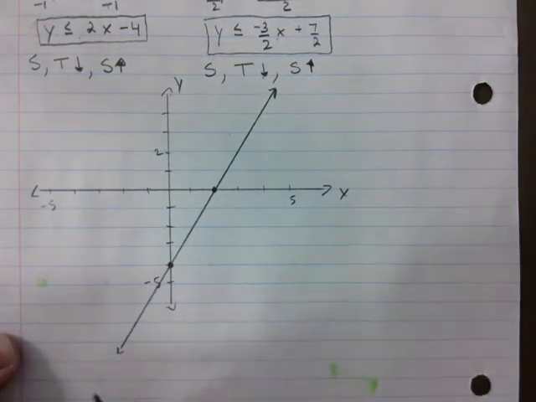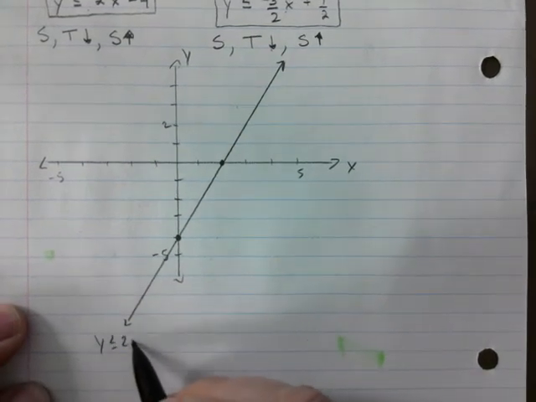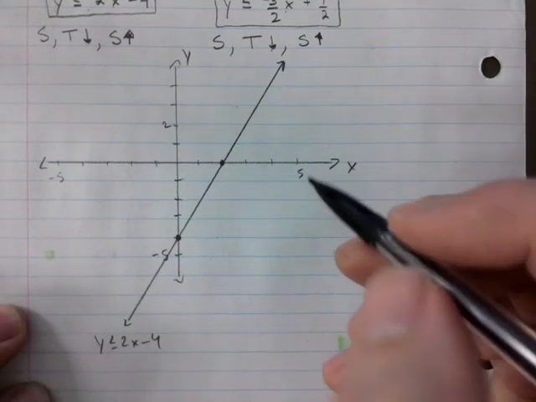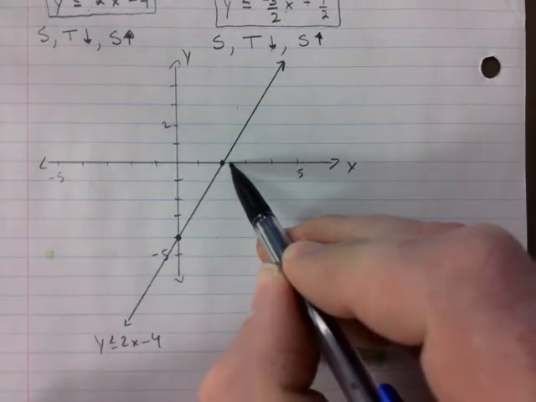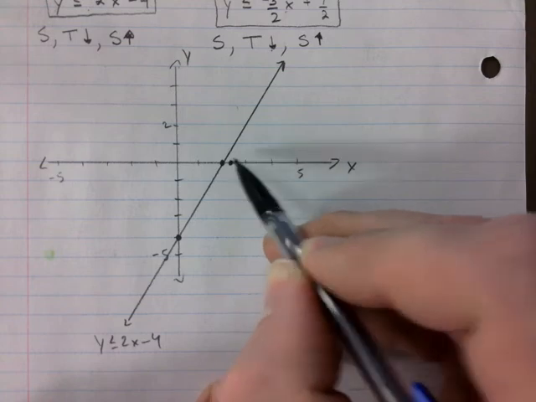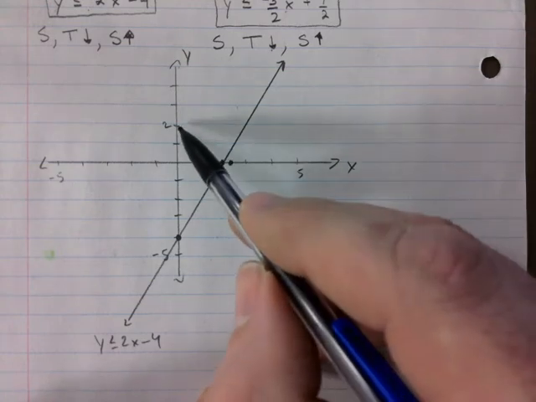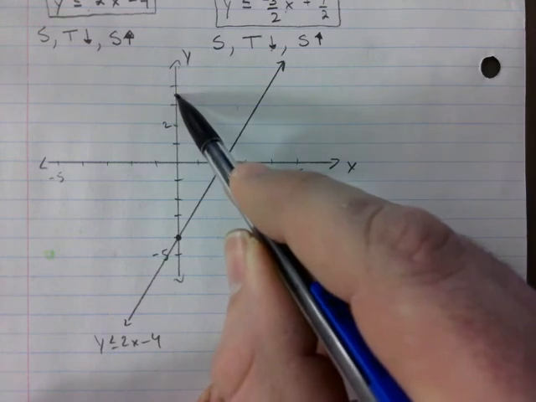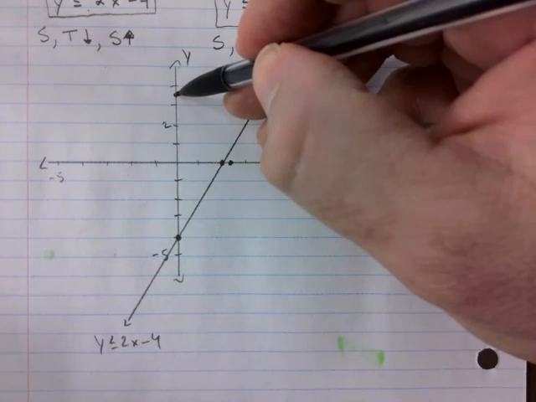Solid line. I label it. Then I plot the other one. 2.33, which is right about there. It's not quite 2.5, right? And then 0, 3.5, which is right about there. It's solid as well.